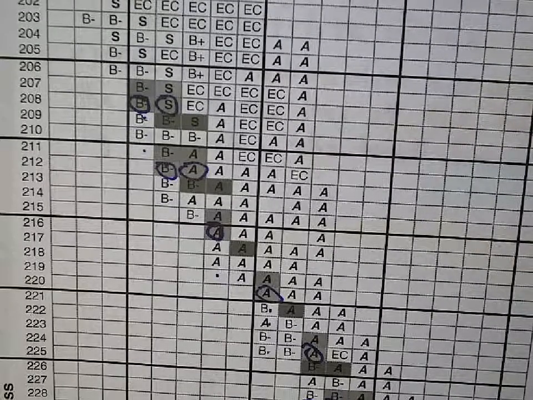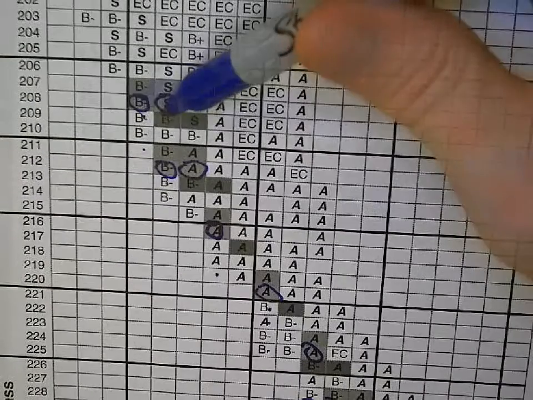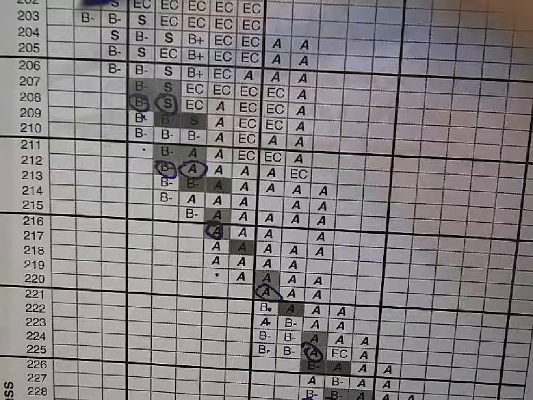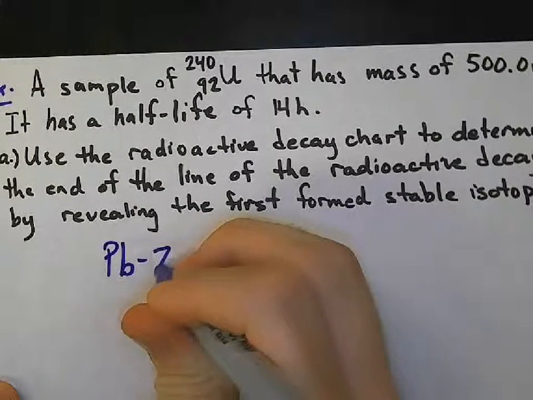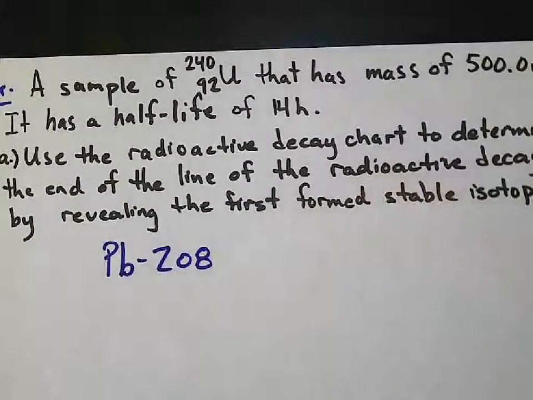My stable element from the original uranium 240 with atomic number 92 is now at lead 208. So my first stable element in this case is lead 208. And we're done after following that radioactive chart.